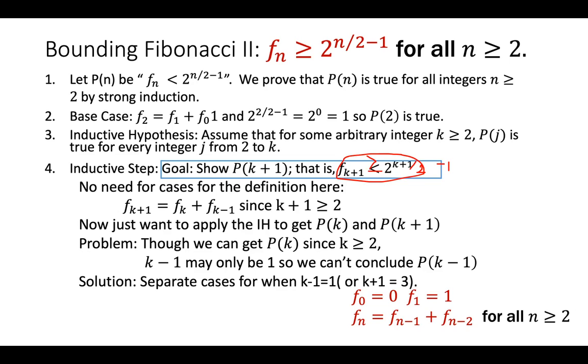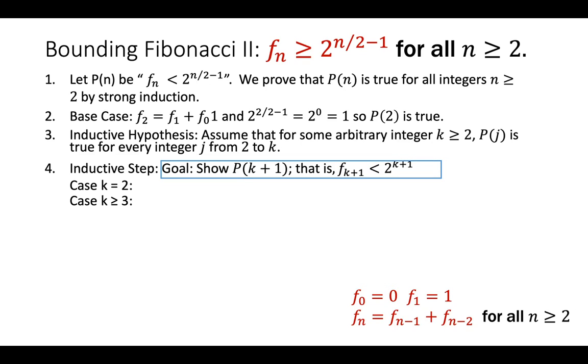Now we just want to apply the induction hypothesis to get P(k) and P(k-1). We can get P(k) since k is greater than or equal to 2. But k-1 may only be 1. So we want to separate the cases where k-1 is 1, or k+1 is 3.